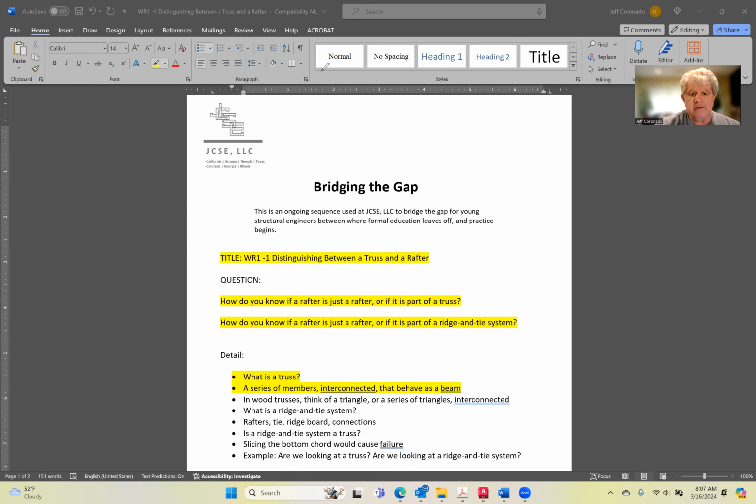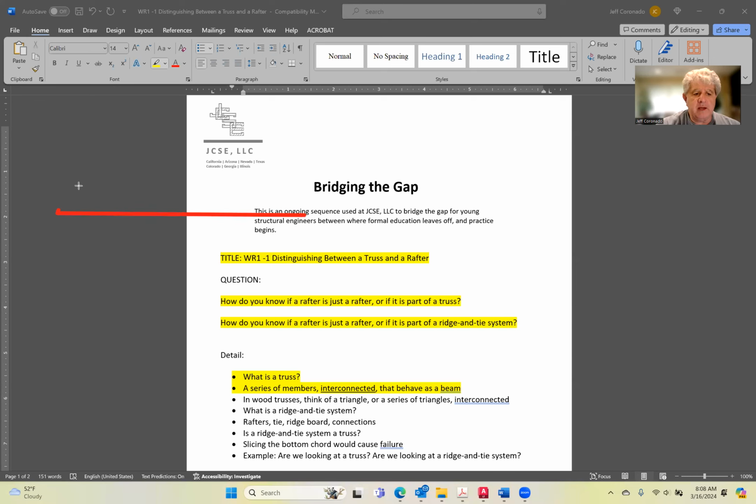In wood trusses, think of a triangle or a series of triangles that are interconnected. So if you think of a truss conventionally, what would we think of?